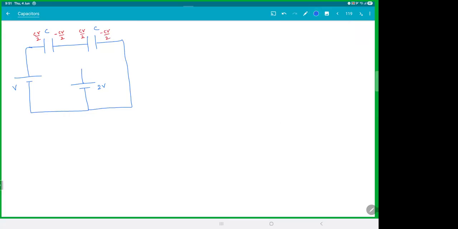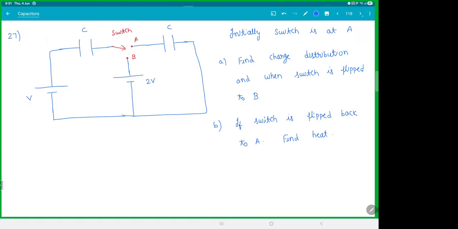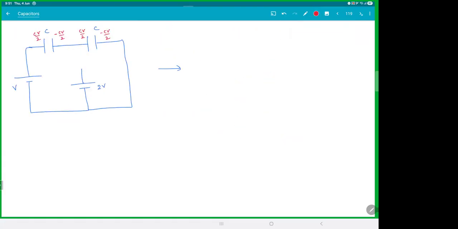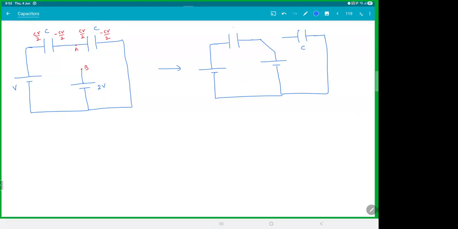Okay. Now what you did, you flipped the switch to the point B. This was A and this was B. Now when you flip the switch to B, your circuit becomes like this. This is C, this is C, this is V, and that is 2V.